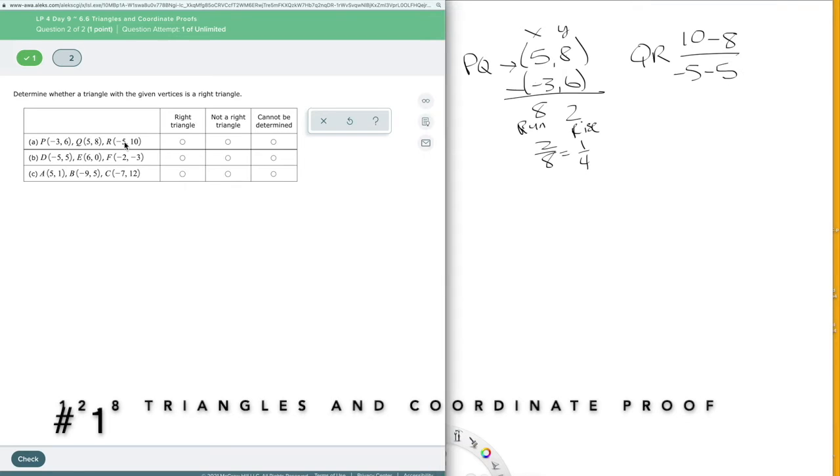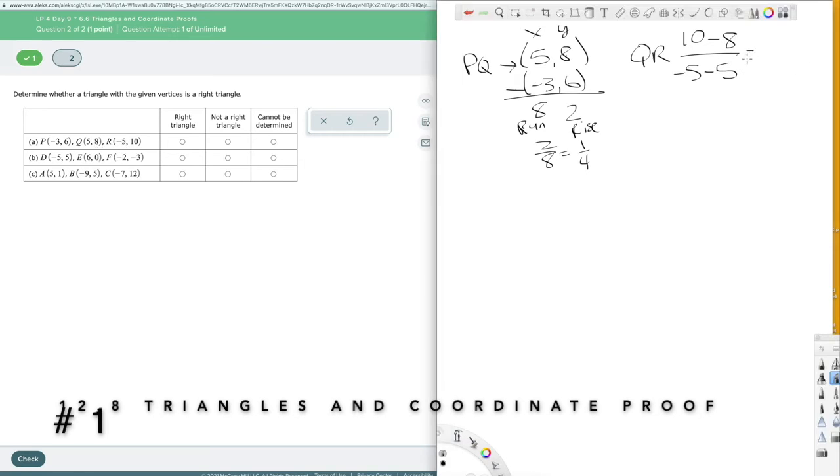If you notice, if I'm stacking them, I'm doing the same thing. It's y2 minus y1, x2 minus x1. Maybe stacking makes it a little easier so you don't have to identify those. They're just already stacked in order. I've seen students like both of these. It just depends on the student and which one makes a little more sense.